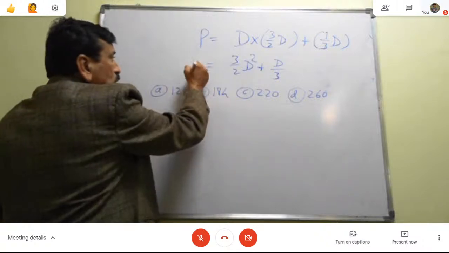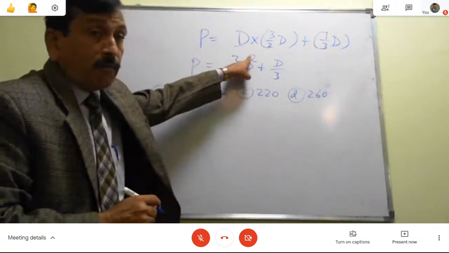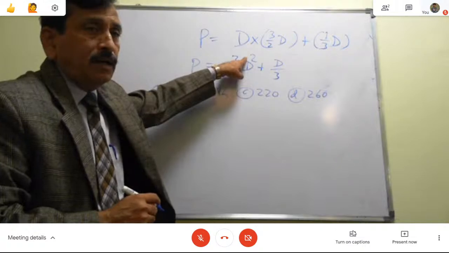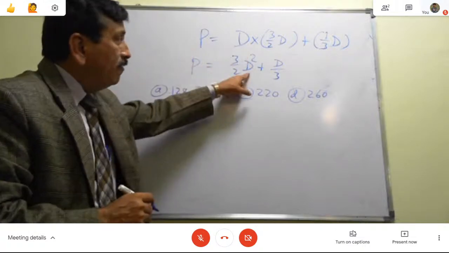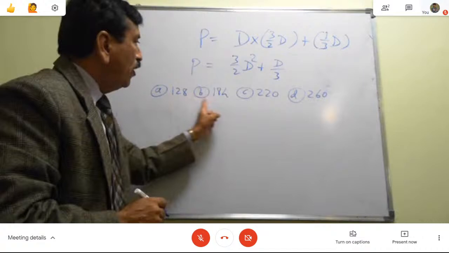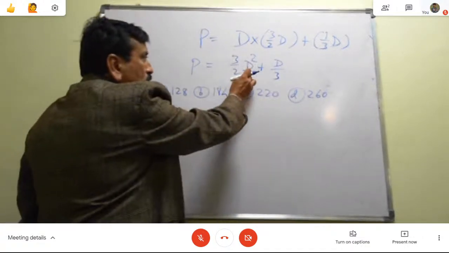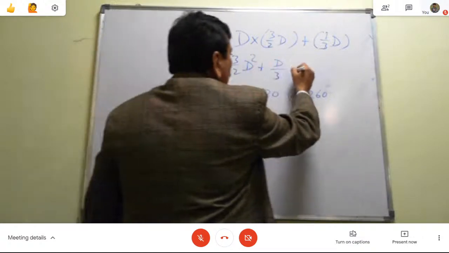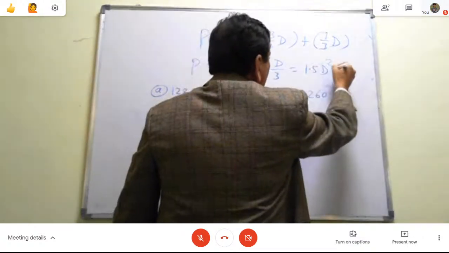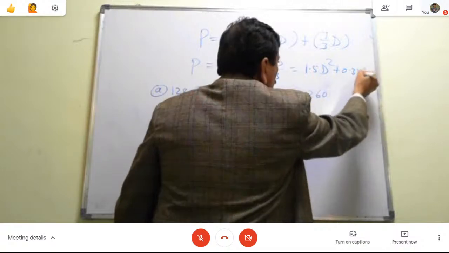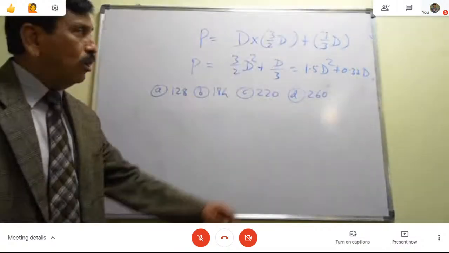Now when P is equal to D square, it's a square of something, and therefore under root of P will give us D. What is under root of all these numbers? We will not obtain exact, rough range we want. Because this will be 1.5 D square plus 0.33 D. So 0.33 D we will see later on.